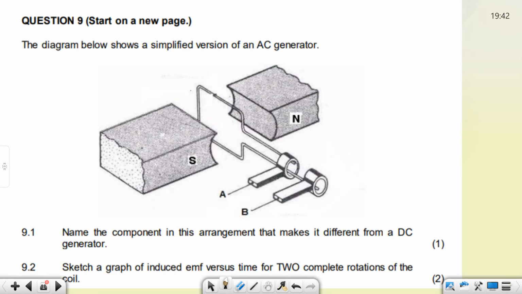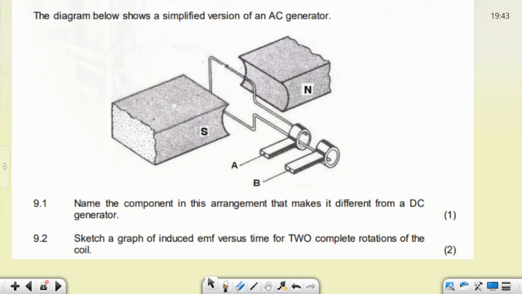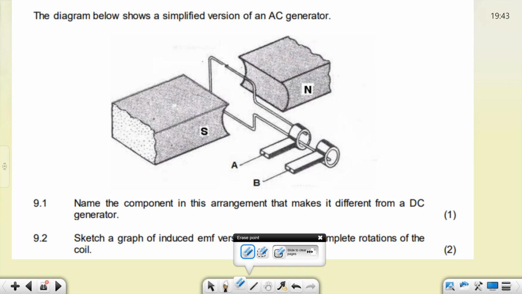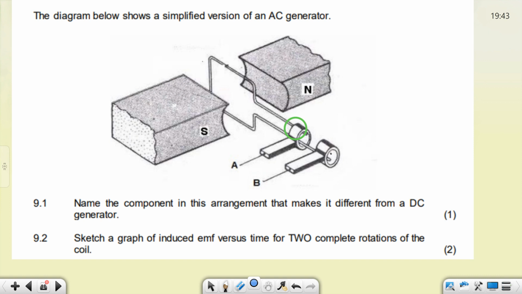The diagram below shows a simplified version of an AC generator. All right. We are told it is an AC generator. Okay. How do you know it's an AC? You can see here it has what? Slip rings.